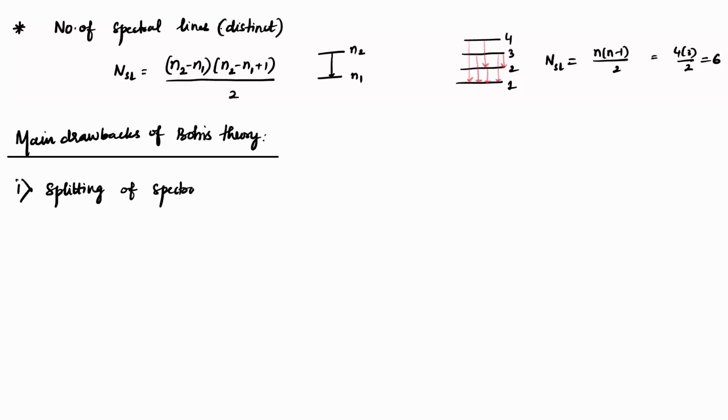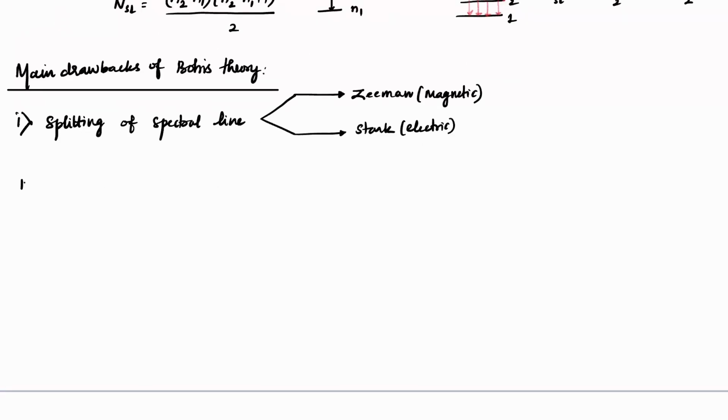That means the same spectral line, in the presence of a magnetic field or an electrical field, splits into further small lines. If it is splitting in a magnetic field, you call it the Zeeman effect. If it is splitting in an electrical field, that is called the Stark effect. So Zeeman effect and Stark effect, remember that.